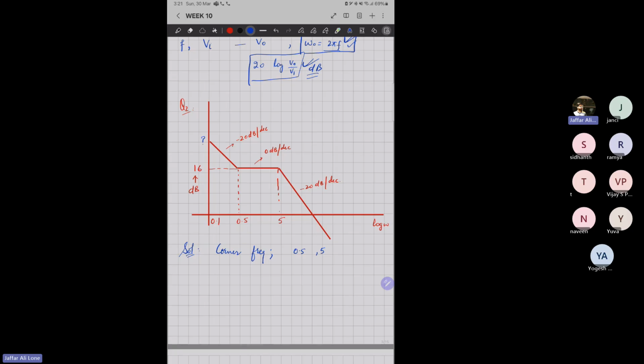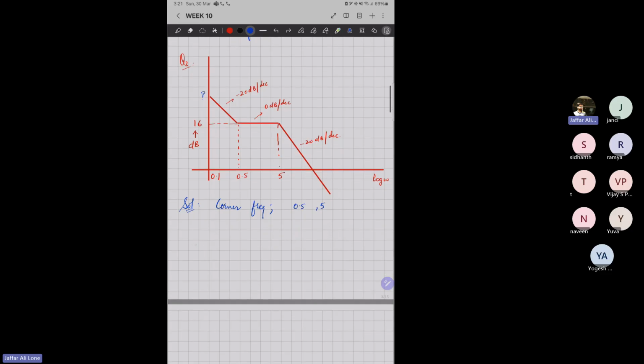If it would have been minus 40, then it means I have a pole of order 2 at the origin, right? So you should understand this. These things you were also taught in week 5 or week 6 when we discussed Bode plots, and these things are pretty straightforward. So here, I have a pole at origin.